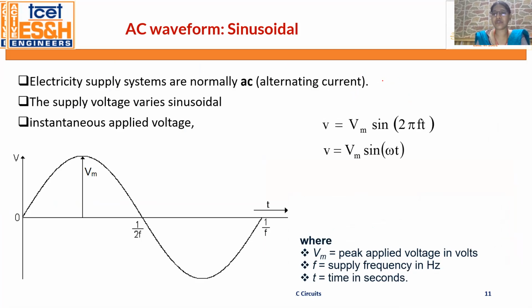The representation of an AC waveform is V is equal to Vm sine omega t. Sometimes we also write it like this, sine 2 pi f in place of omega, multiplied with t.